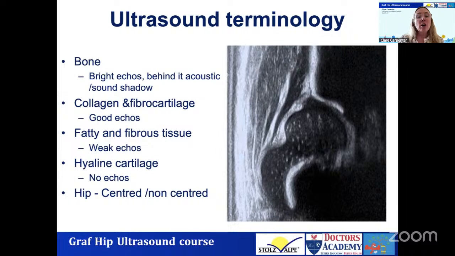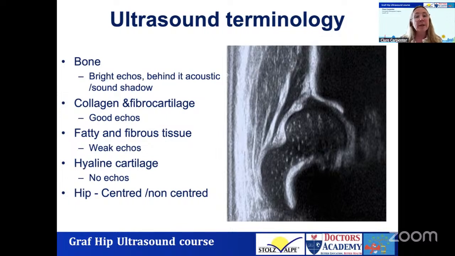The echoes are probably of intermediate density, as we see between the black behind the intense cortex of bone. Hyaline cartilage has no echoes because it has quite a big fluid content, so the ultrasound beam can pass straight through it.